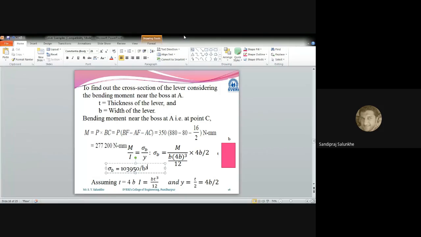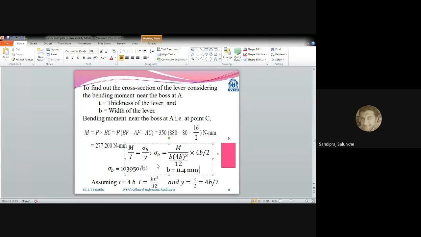You are getting 11.4, so I'll write here b is equal to 11.4 millimeter.